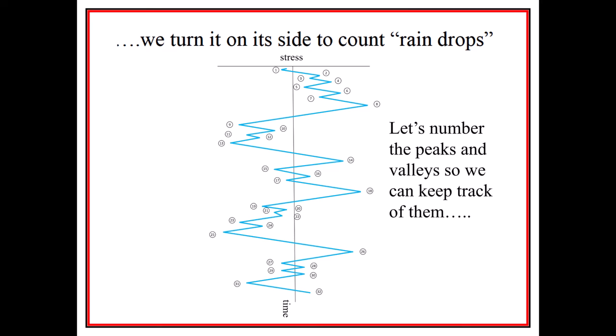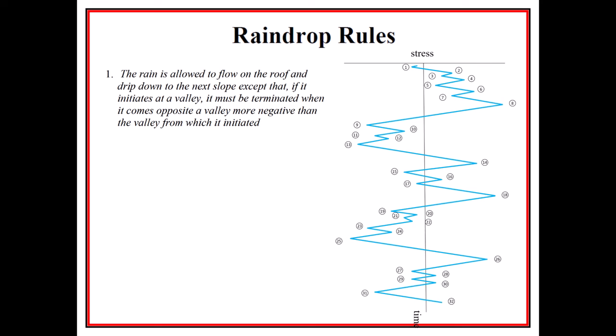And we see what happens if a raindrop just starts at the first valley in this case. By the way, these raindrops have rules. It's a little weird, but the raindrops have rules. In real life, raindrops don't have rules, but these ones do.